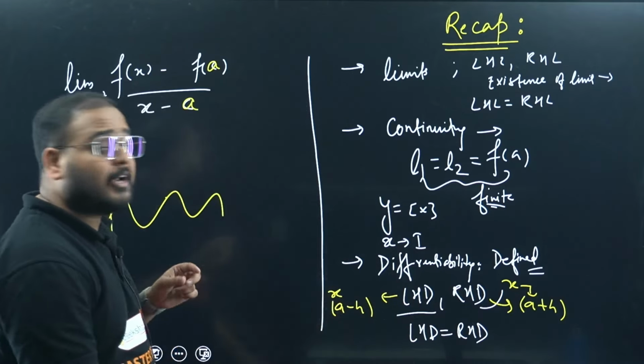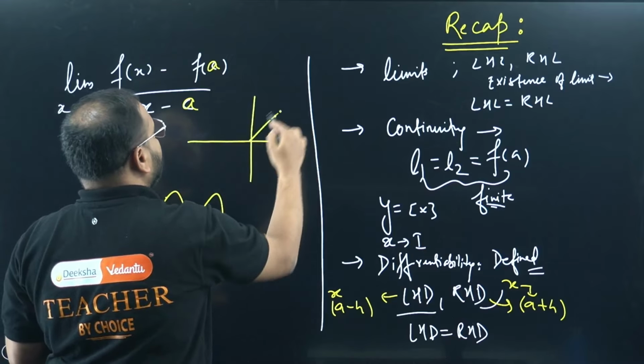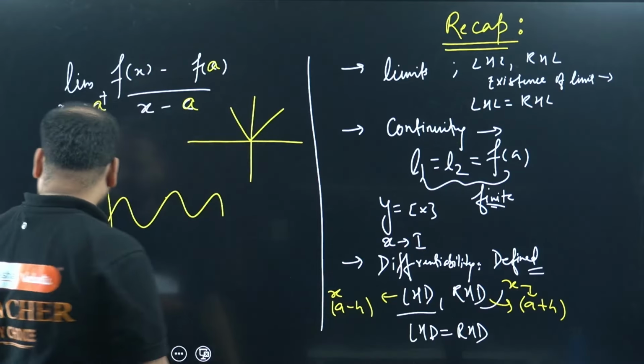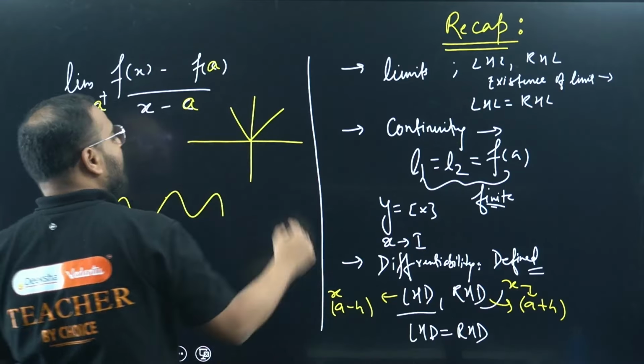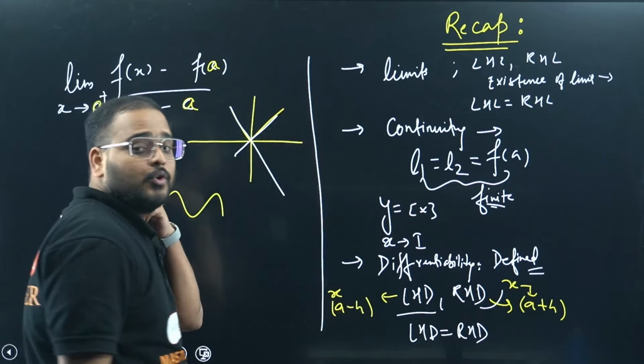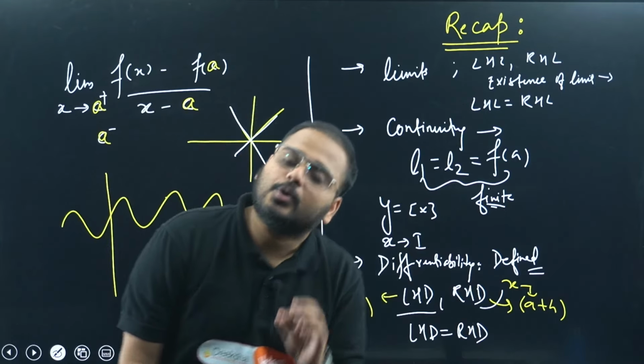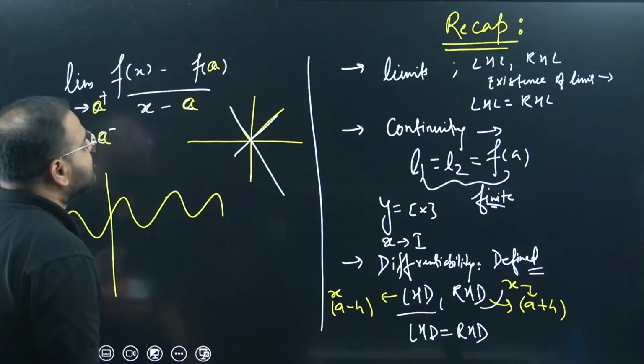When at a point you can get two tangents, I took the example of the modulus function, I explained that at this particular point I have two tangents. I can draw it like this, I can draw it like this also. At the same point there exist two tangents, so the function is non-differentiable.